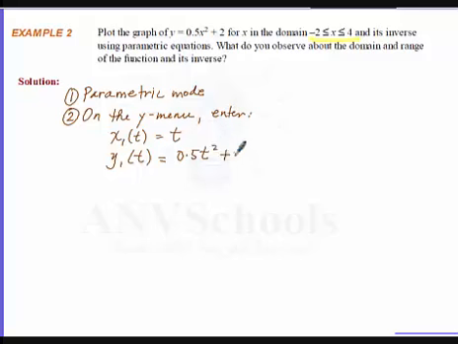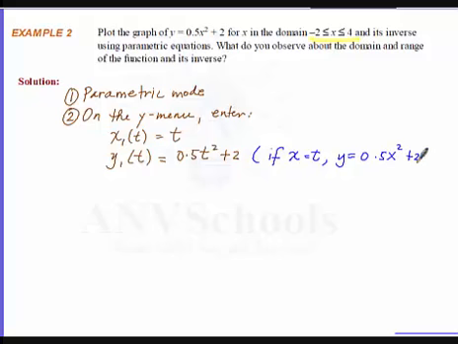Why did we set x1 of t as t? Because as you can see, if x is equal to t, then y is equal to the original function, which is 0.5 x squared plus 2.